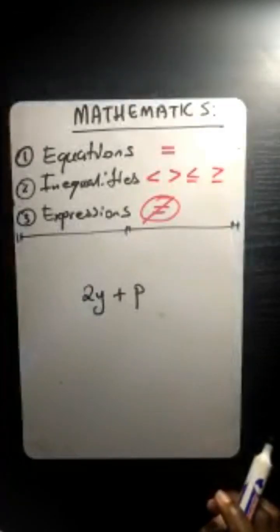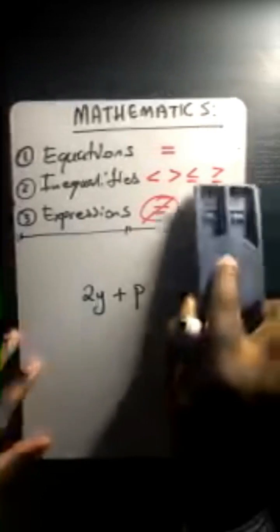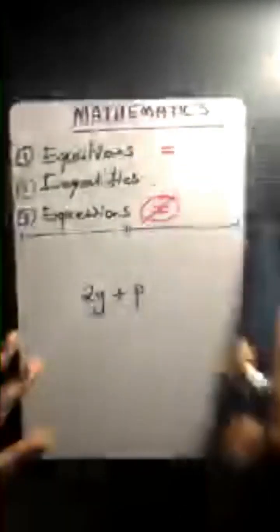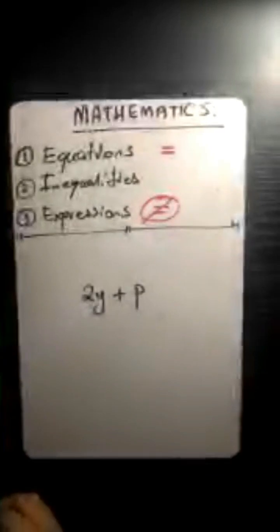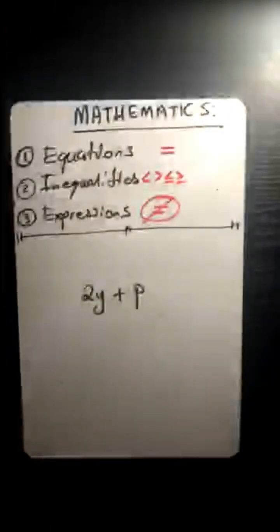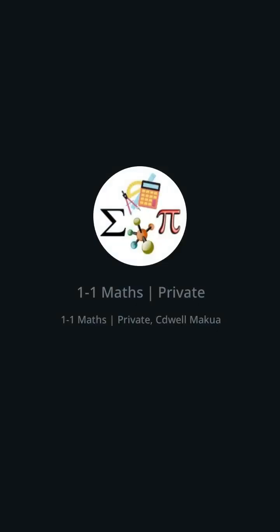Okay. So now, let me explain something very important also. We are having greater than, less or equals to, greater or equals to. The reason is because you don't always solve in maths.